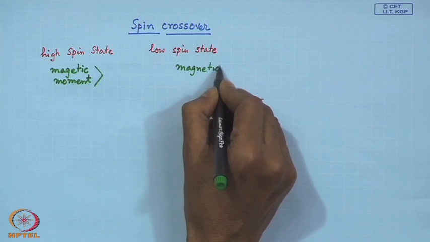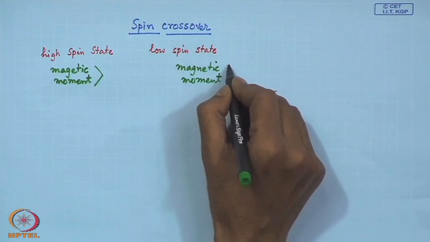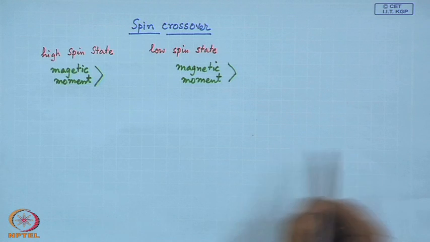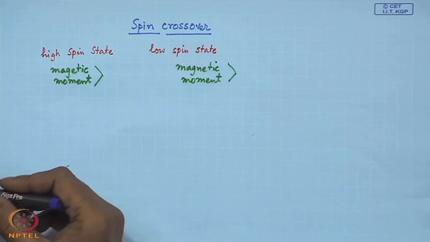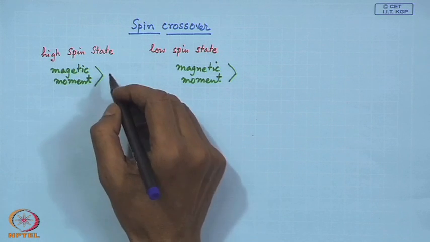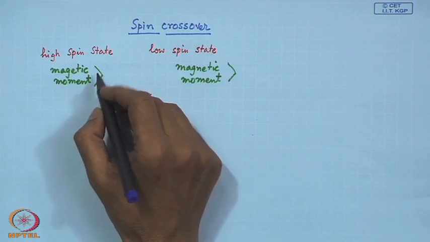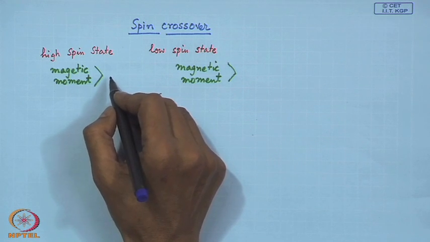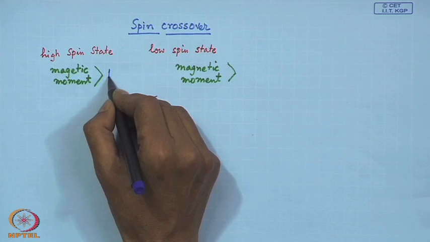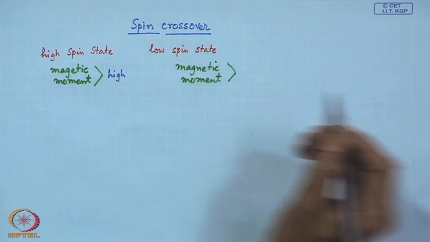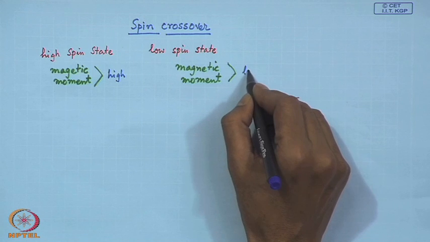Here also we can compare the magnetic moment with that of the high spin molecules. So, high spin states are characterized mostly by a large number of free spins. So, the magnetic moment that we can determine experimentally would be high, and in case of low spin state this would be low.